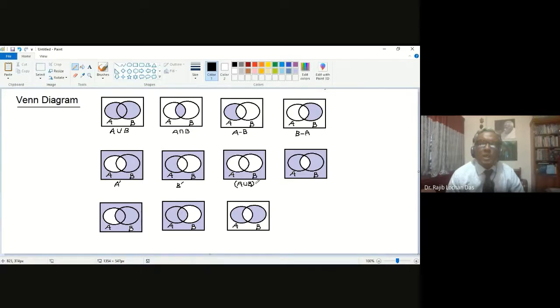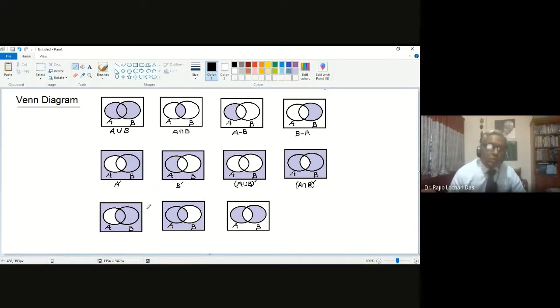That means outside of A union B. What is this one? This is outside of A intersection B. So A intersection B is white, and then outside of A intersection B is taken as a color. Is that okay? Do you understand what I'm saying?